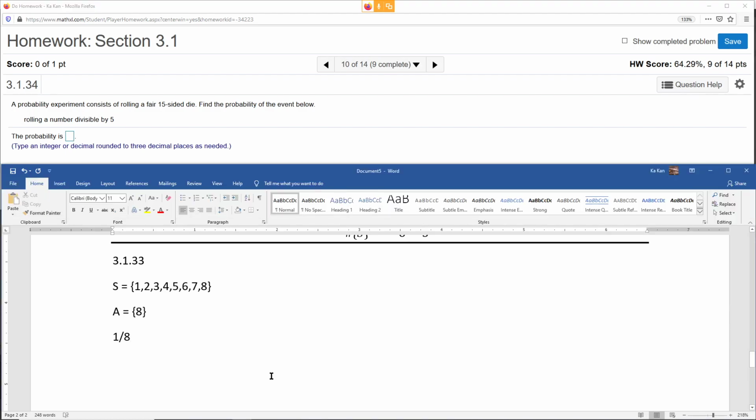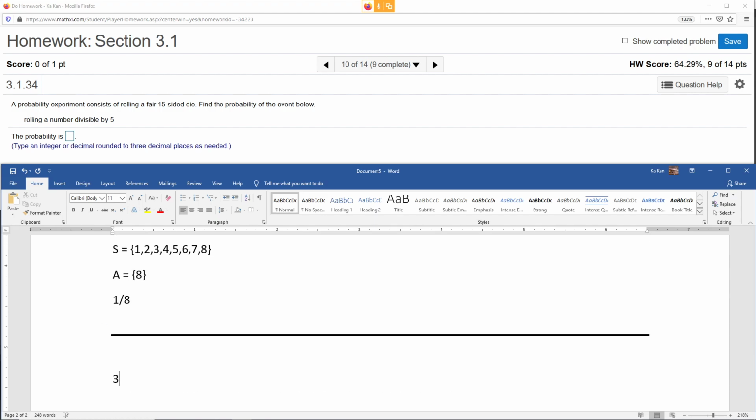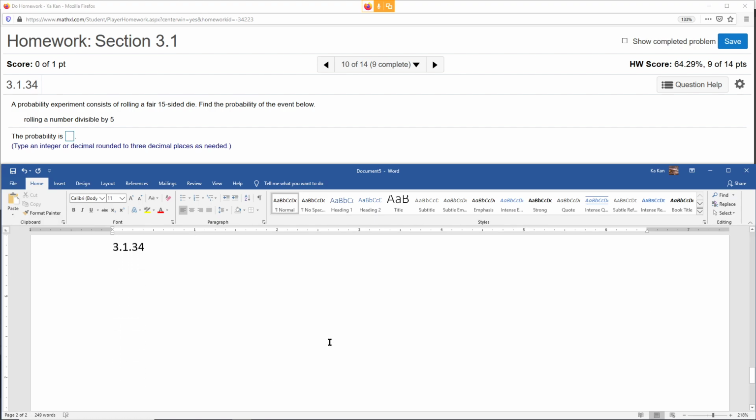So now the next one is 3.1.34, rolling a number divisible by 5. Now think about this, we have a fair 15-sided die, so this time it's 15.